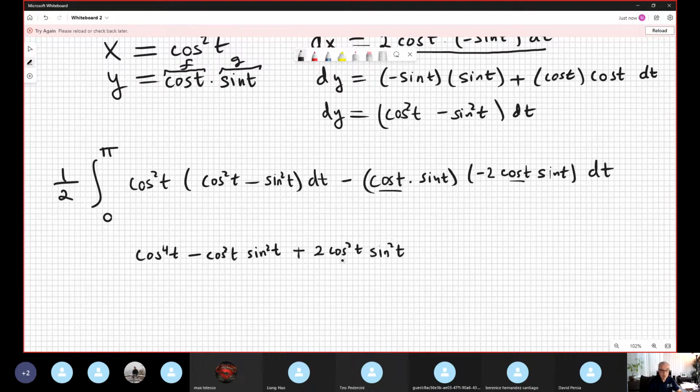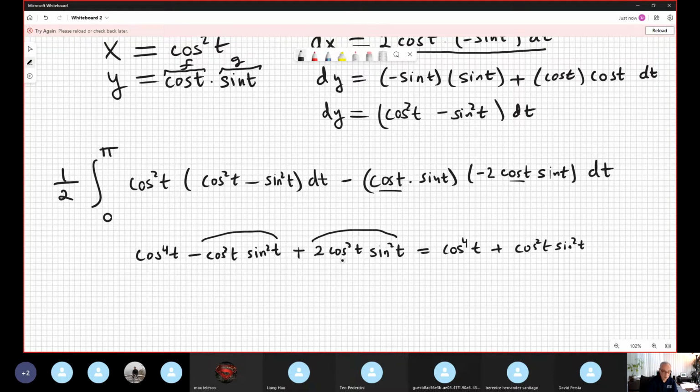When I have a complicated expression, I copy it separately without the integral, without the 1/2, and I manipulate it algebraically. I combine like terms. Who is like? This and this. So basically it is cosine to the 4 power t plus cosine squared t sine squared t.